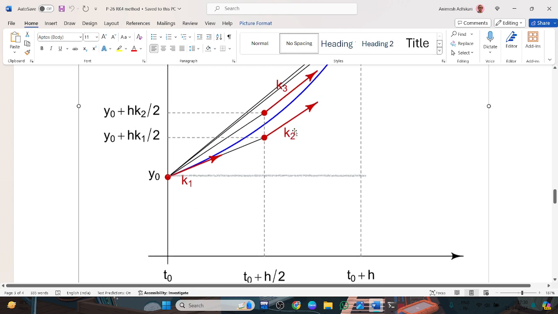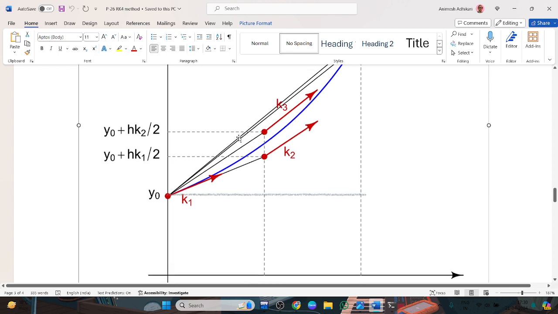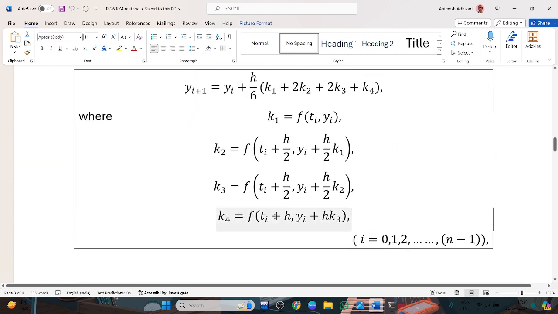So we draw a parallel line with this slope k2, and we get this point. This k2 is f of t_i plus h by 2 comma y_i plus h by 2 k1.